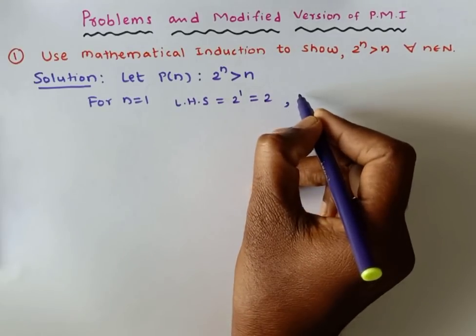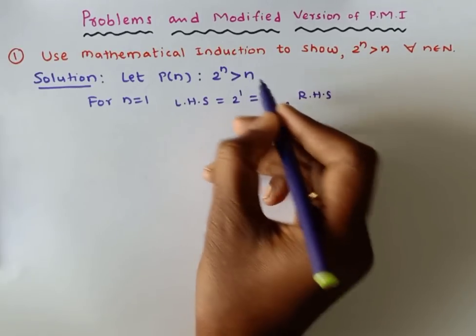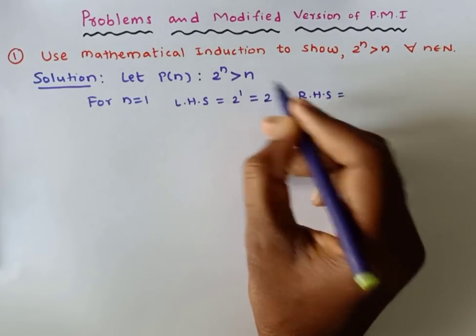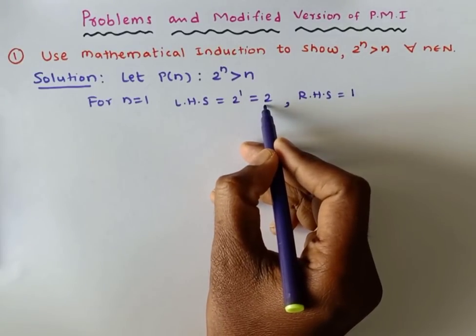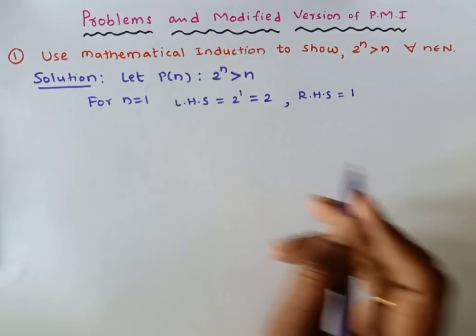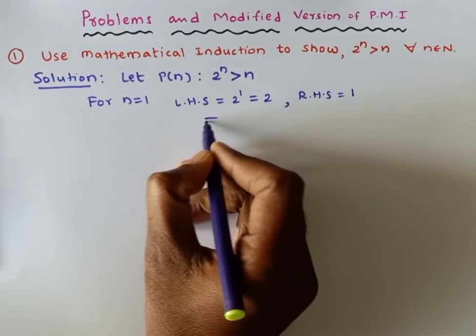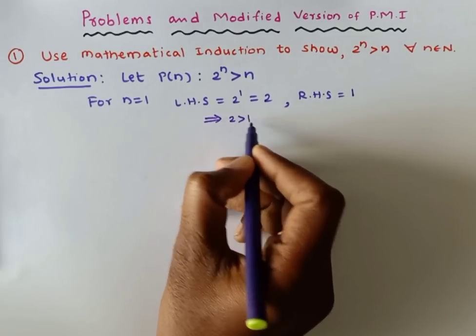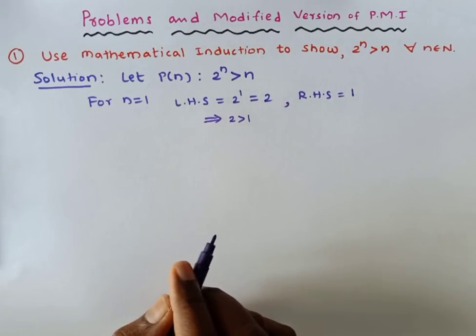And what about the right hand side of the inequality? The right hand side of the inequality is n. So put n equals to 1 on the right hand side, therefore it is 1. So the left hand side is 2 and the right hand side is 1. So you can observe that 2 is more than 1. This implies 2 is greater than 1, which means the LHS part is greater than the RHS.